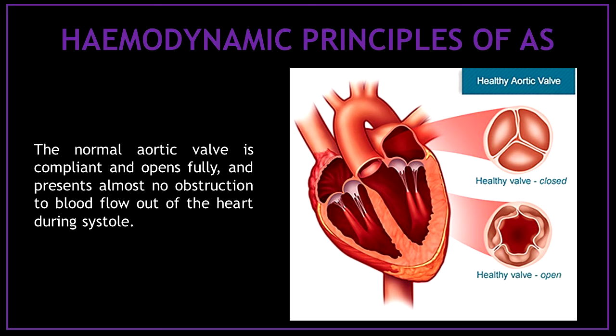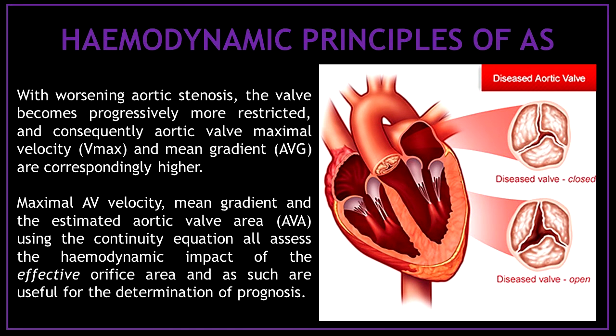Now, what are the hemodynamic principles of aortic stenosis? The normal aortic valve is compliant and opens fully and presents almost no obstruction to blood flow out of the heart during systole. With worsening aortic stenosis, the valve becomes progressively more restricted, and consequently, aortic valve maximal velocity and mean gradient are correspondingly higher.